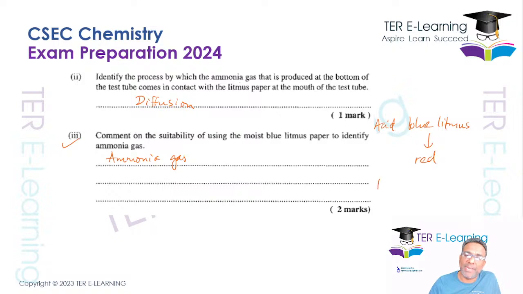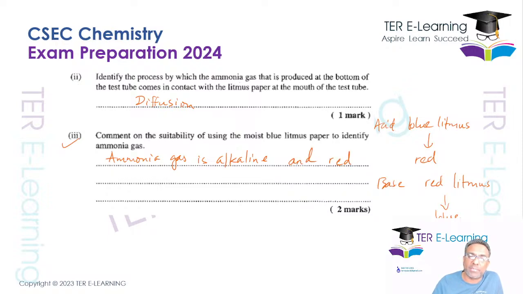For a base, we need red litmus, and it will turn blue. Now, ammonia gas is alkaline. So if you want to test for an alkaline substance, we need red litmus in order to do that. So it's alkaline and red litmus is needed. Not blue litmus. Red litmus is required.